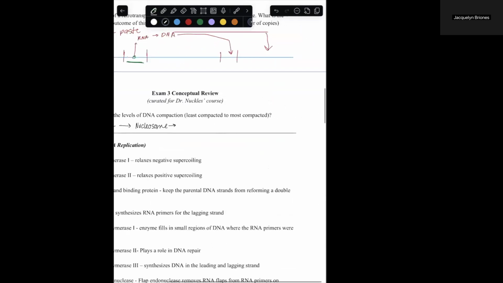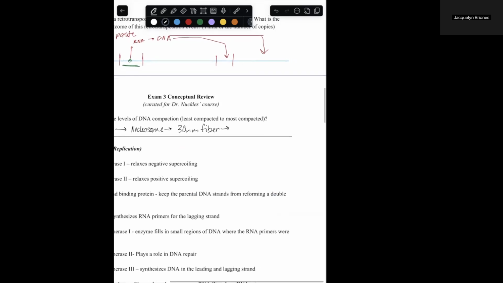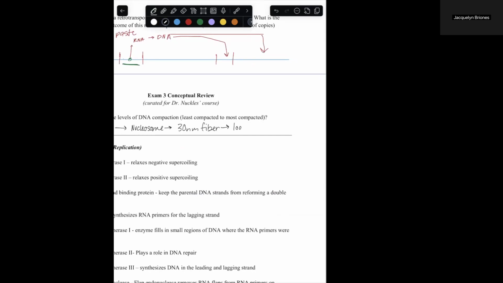Then after that we go to 30 nanometer fiber and then loop domains. And then we have a fully condensed chromosome.